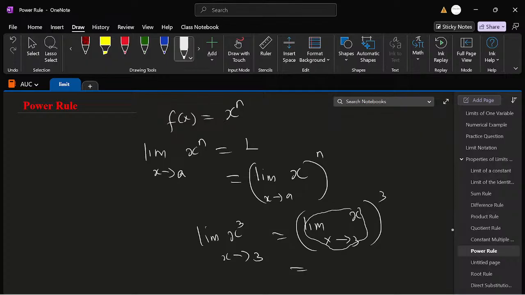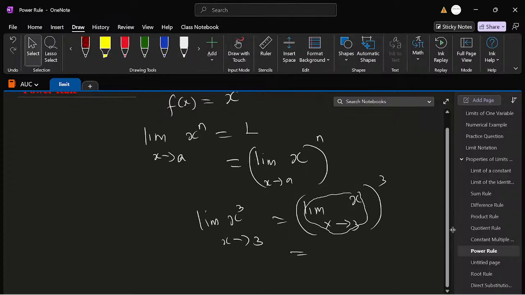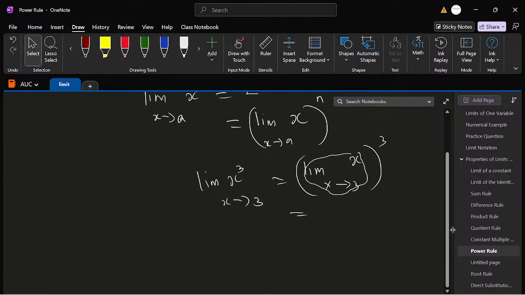Obviously, everything in the bracket will be equal to 3, because the limit is always the input. This is an identity function, and the property here is the identity property of the limit of a function. So this will be 3 to the power of 3, which equals 27.